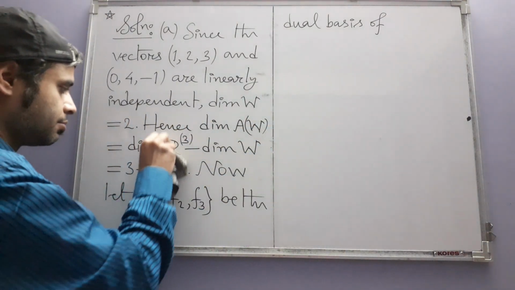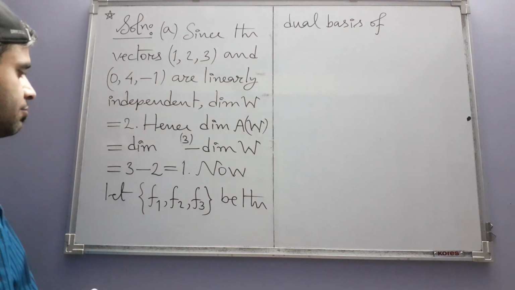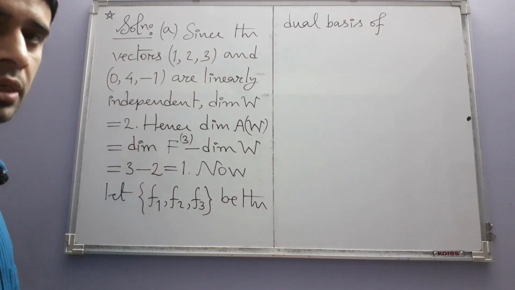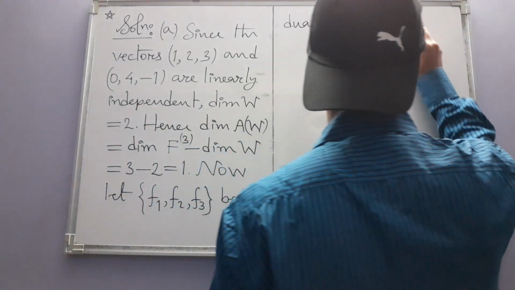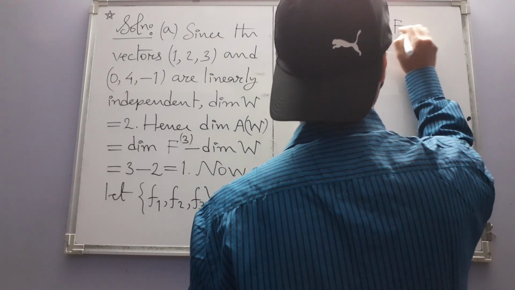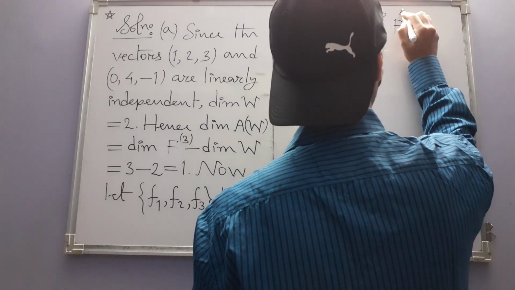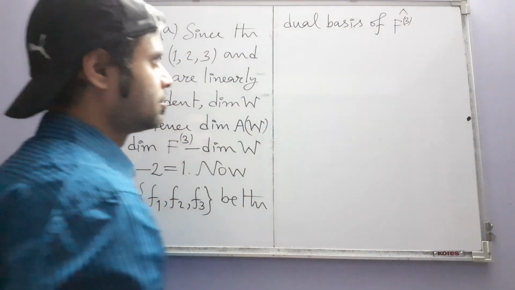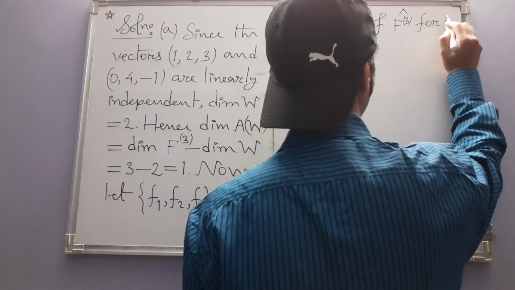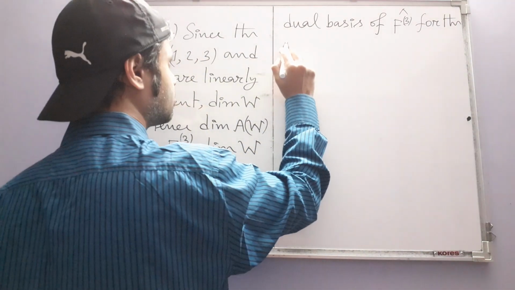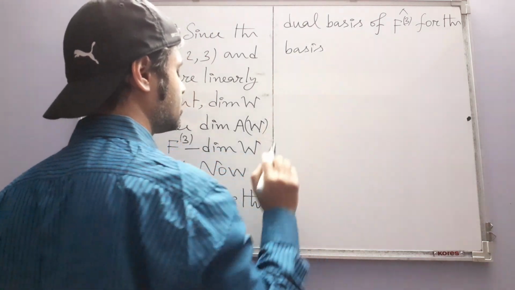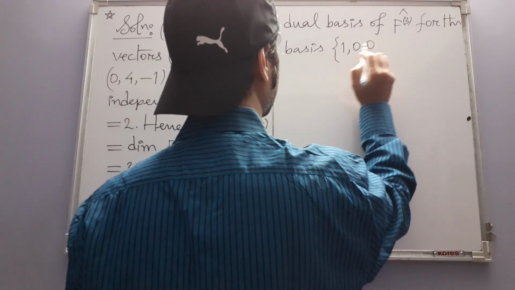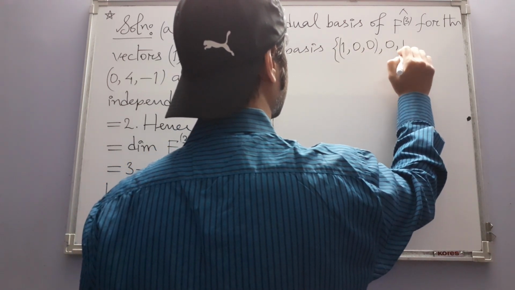But in the exercise already it's given that F is the field of real numbers, so keeping up with that, let's write F3. Same thing, but you understand. It's the dual space F3 hat. It's a basis, dual basis of this space for the standard ordered basis of R3, that is this thing.